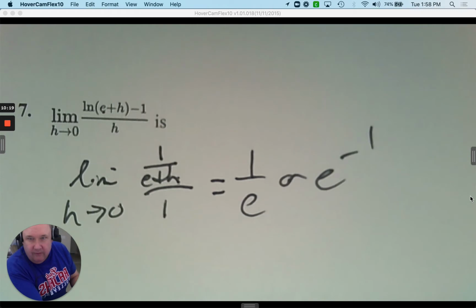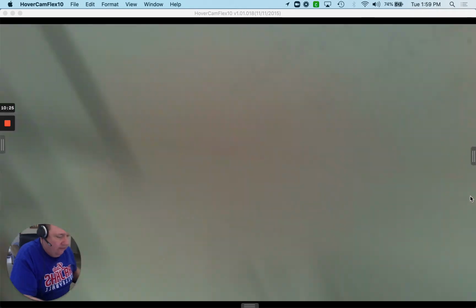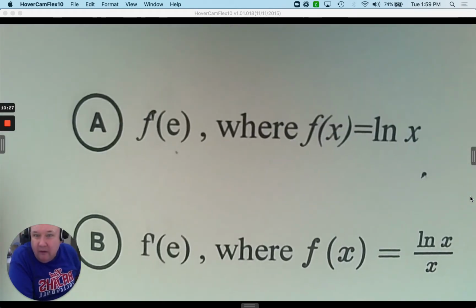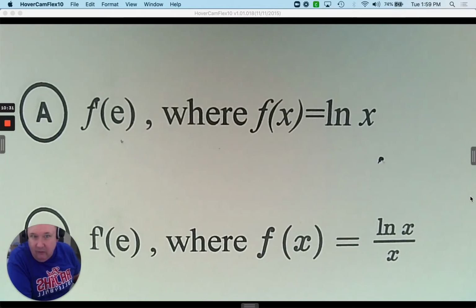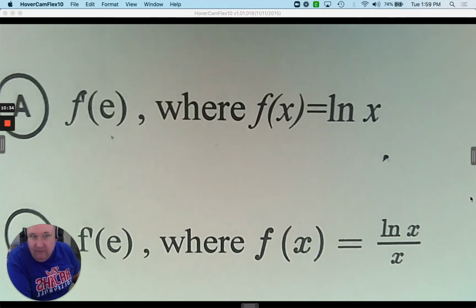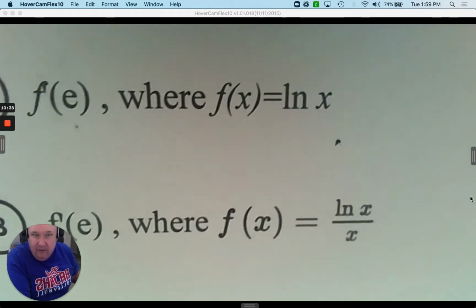The derivative there, in terms of what they're looking for, I'm trying to look here. So the derivative at e, where f of x equals ln x. So is that what it's describing in terms of it?